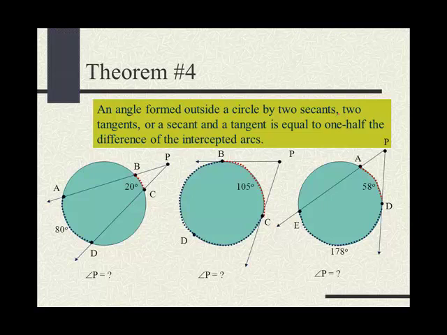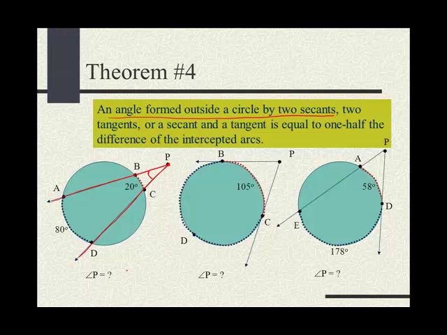Okay, taking the first part where it says an angle that's formed outside a circle by 2 secants. So look at the circle on the left-hand side. We have a secant that's drawn from point P outside the circle through points C and D on the circle, and then we have a secant that's drawn from that same point P through points A and B on the circle. The angle between those 2 secants, in other words this angle BPC, is going to be measured by half the difference of the intercepted arcs.